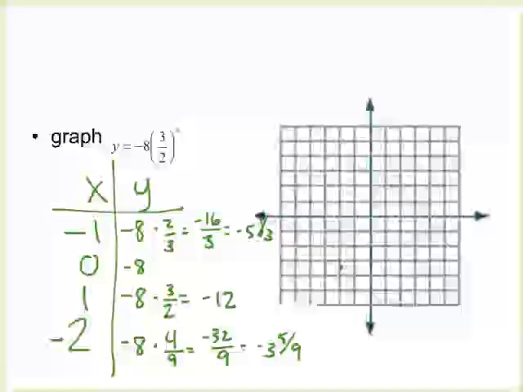And then negative 1, negative 5 1/3. Negative 8 is going to fall off my graph, and I don't even have room to get to the 12. So I'm going to connect those and go to an asymptote. What kind of a graph is this?